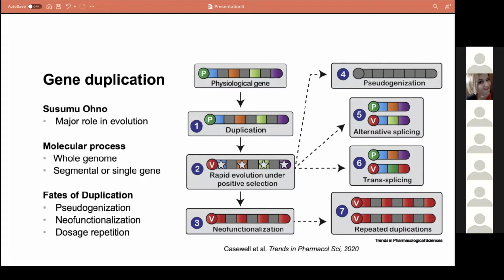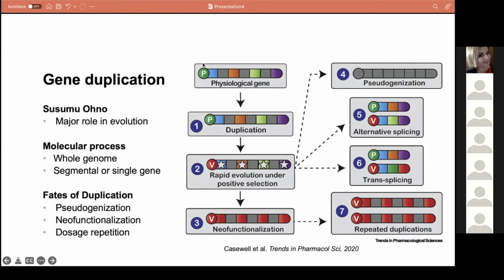And following these gene duplication events, this can have very serious and important implications on the fitness of an organism. It can affect the morphology of an animal, the biochemistry of an animal, as well as leading to diseases and things like that.